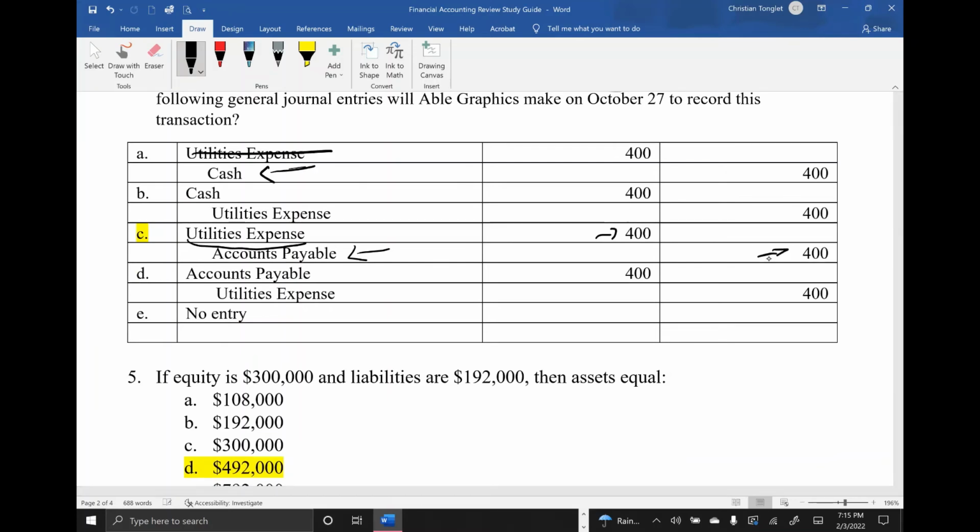And instead of being an expense, I would have already done that part. It would be accounts payable, because I'm telling you that I put it in the books. I'm not going to pay it till next month. And then if I ask you, what happens when I pay it? What's the entry? This would be the entry. I'm clearing out that accounts payable and I'm paying cash.